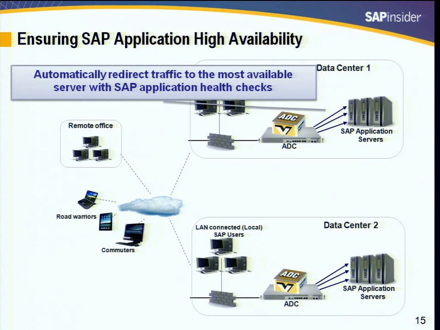The first use case is local server load balancing. It's called local because ADCs are local to that data center. It's called server load balancing in general, SLB, or local server load balancing, because you're load balancing to instances of application servers within that particular data center.